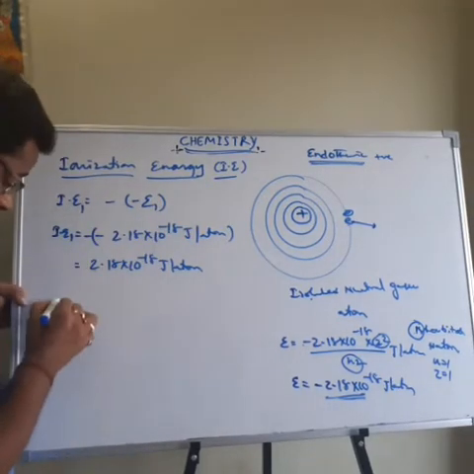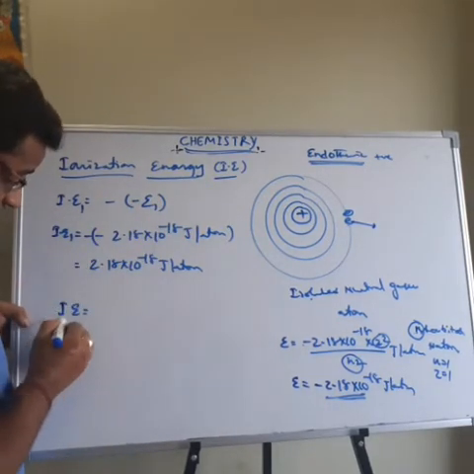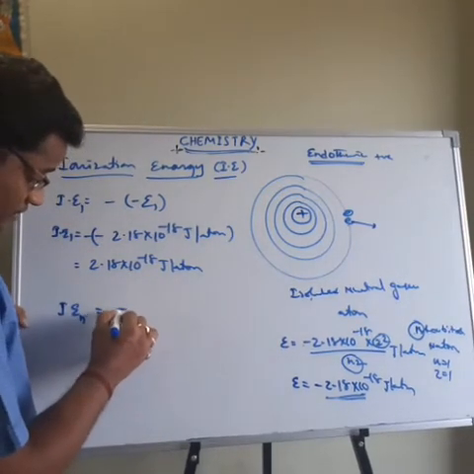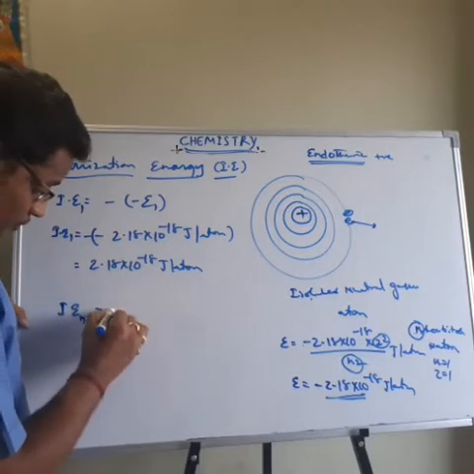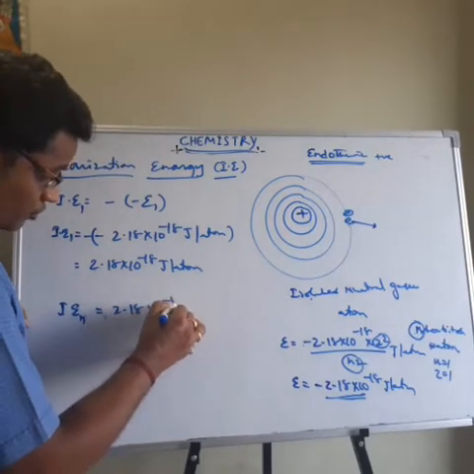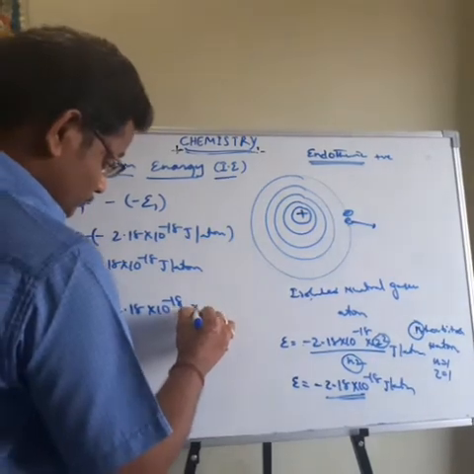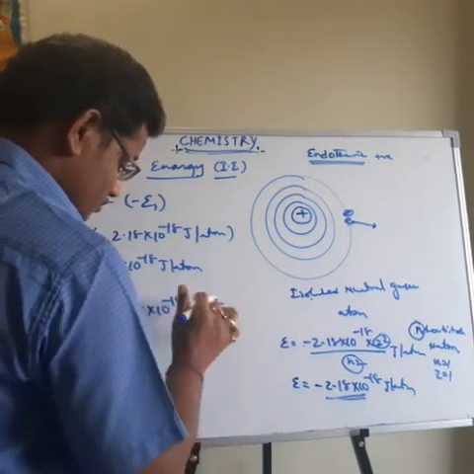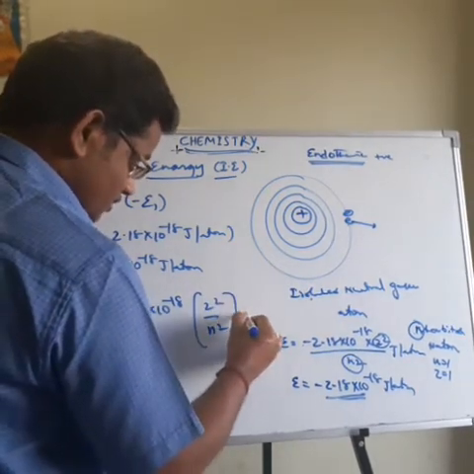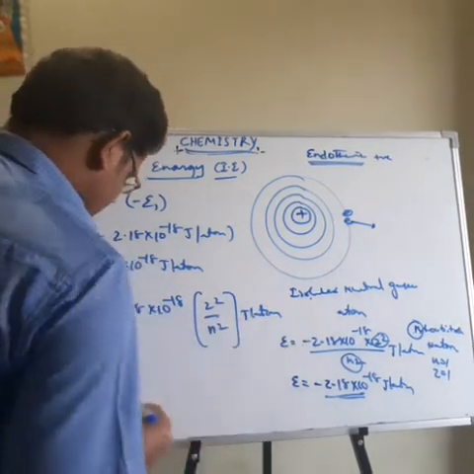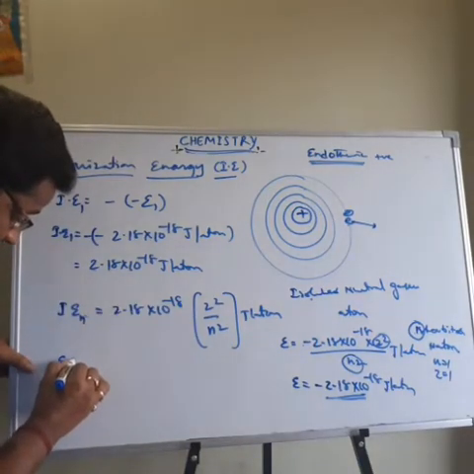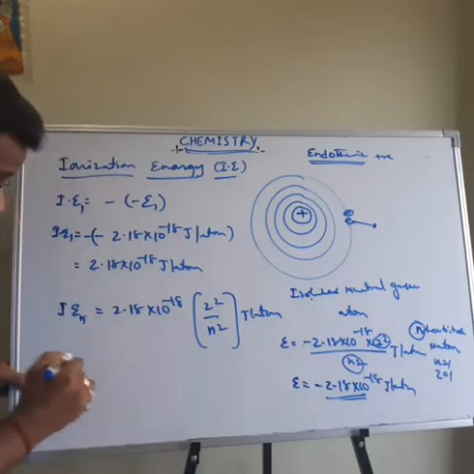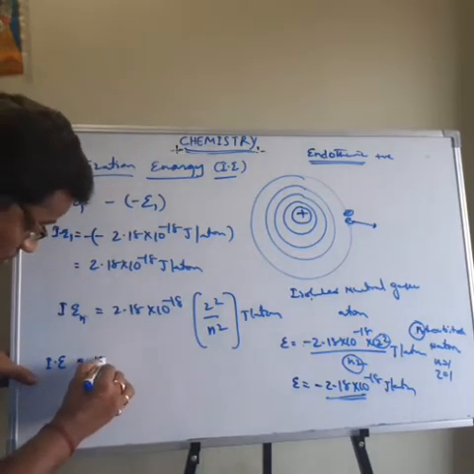Then what is the formula of ionization energy? The ionization energy of the nth orbital is equal to minus of minus 2.18 into 10 power minus 18 into Z square by n square, that is, plus 2.18 into 10 power minus 18 into Z square by n square joule per atom. Another one is the ionization energy of an electron present in a hydrogen-like species.